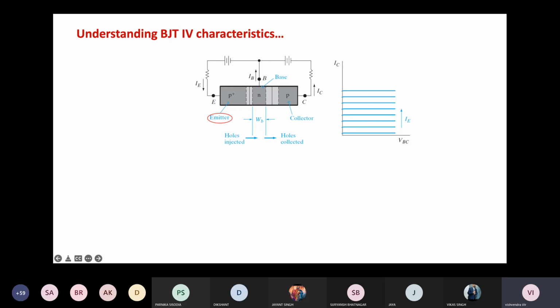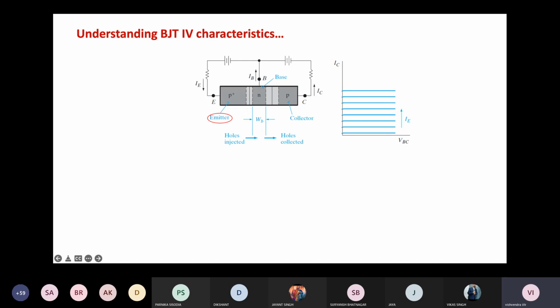But the major current is because of the holes that are coming from the emitter to the base and then to the collector side. And the more the number of holes, the more will be the current at the collector terminal. So this plot here is the plot of IC versus VBC as a function of IE. As you see, IC does not depend quite much on VBC, which means it does not depend on the base-collector junction voltage.